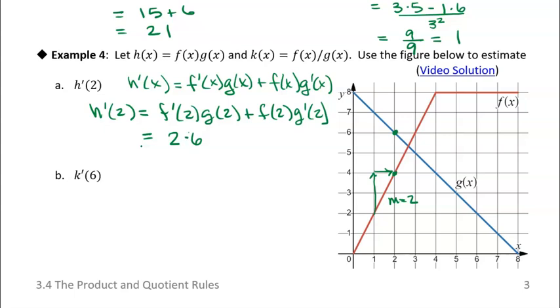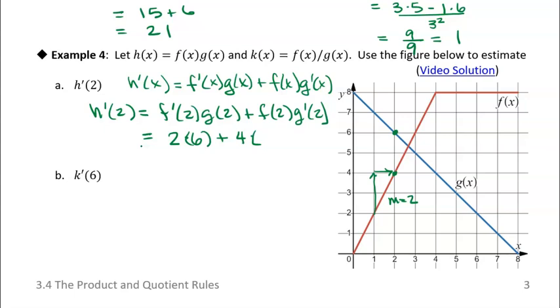But let's do that. 2 times 6. And then f of 2, so now it's just the value of the function at 2. If I come over here to the function and look at x equals 2, it looks like y is 4. So f of 2 is 4, and then I'm going to multiply that times g prime at 2.